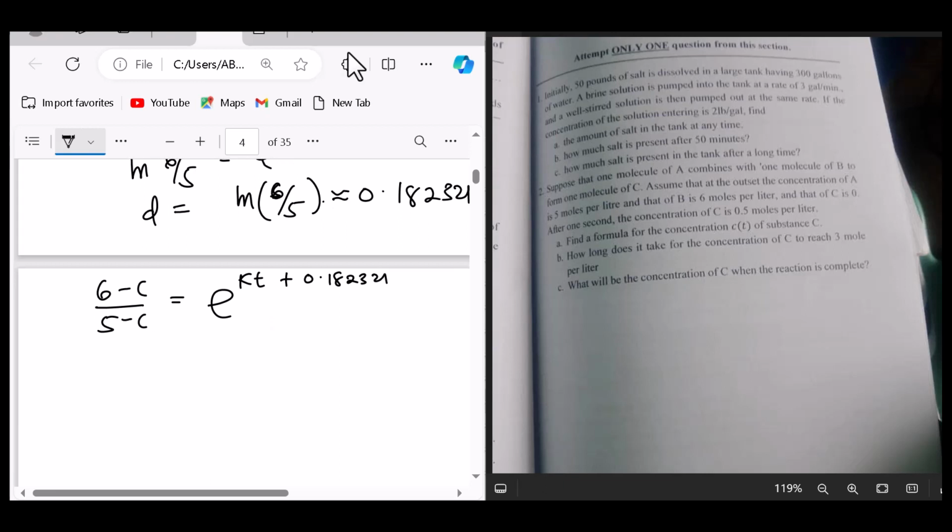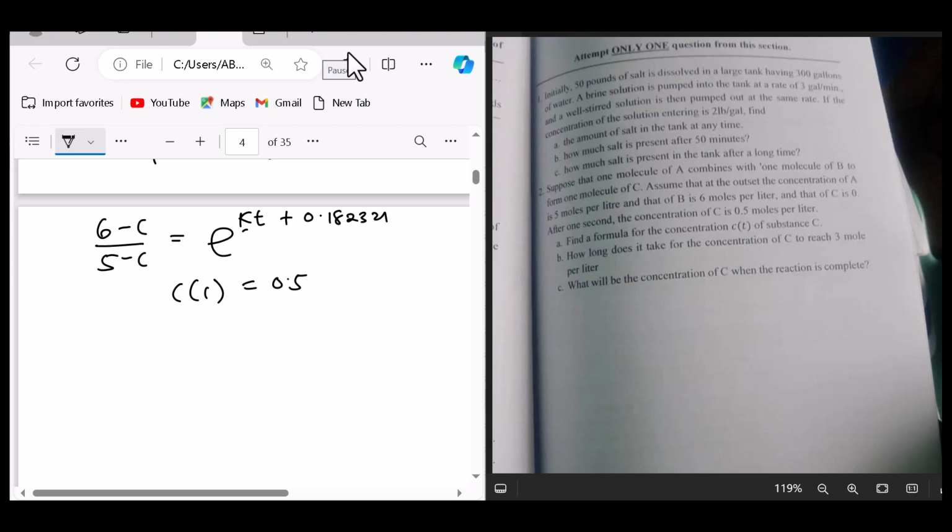Now we need to use the condition C(1) equals 0.5 to find k. So we have (6 minus 0.5) over (5 minus 0.5) equals e to the power k times 1 plus 0.182321.